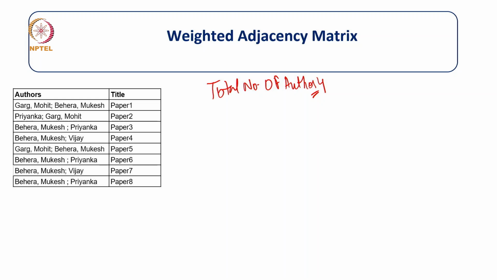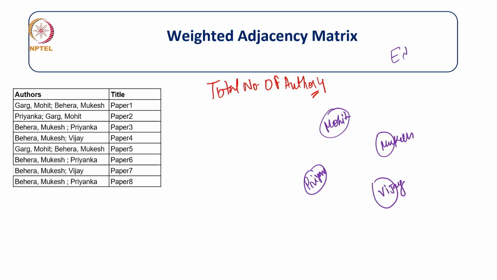Our nodes are Mohit, Mukesh, Priyanka, and Vijay.